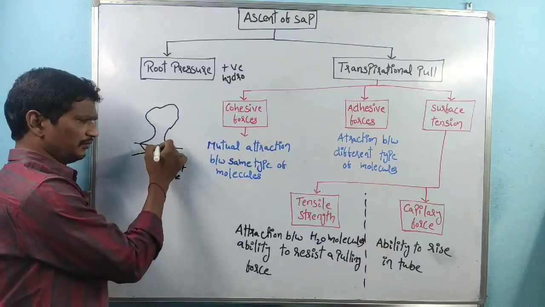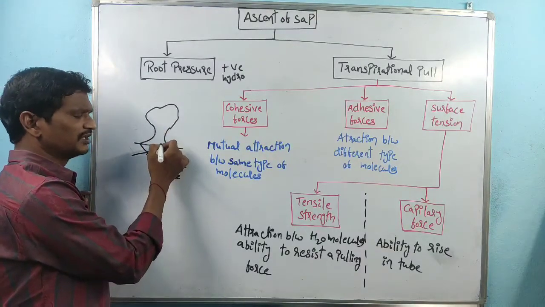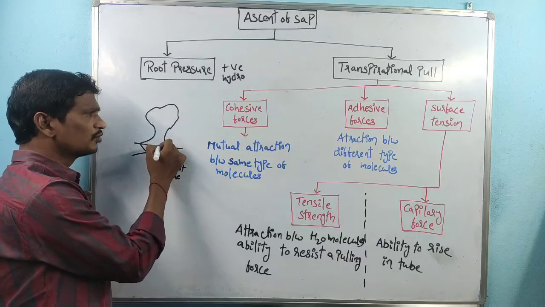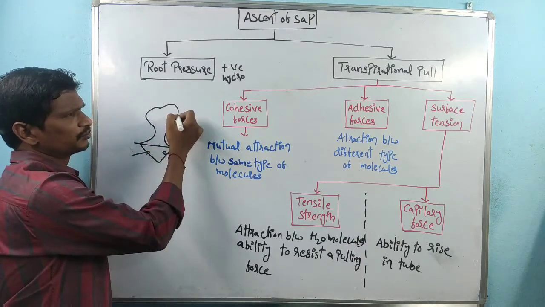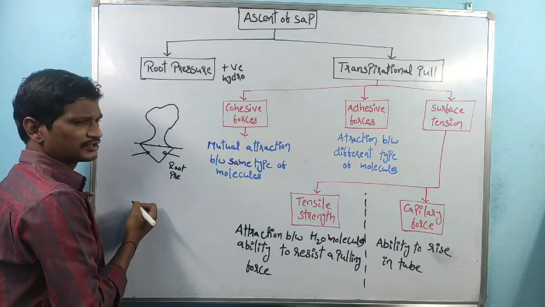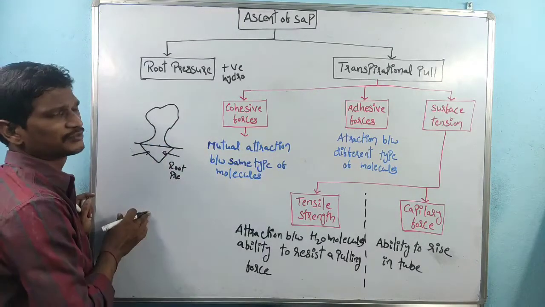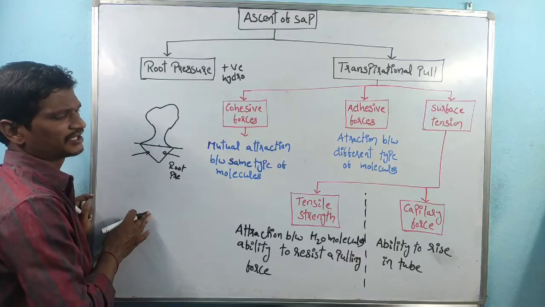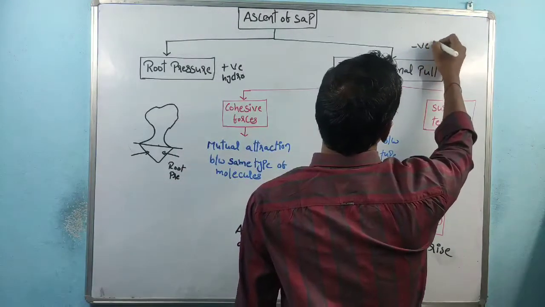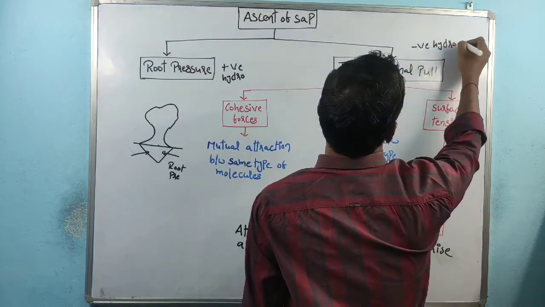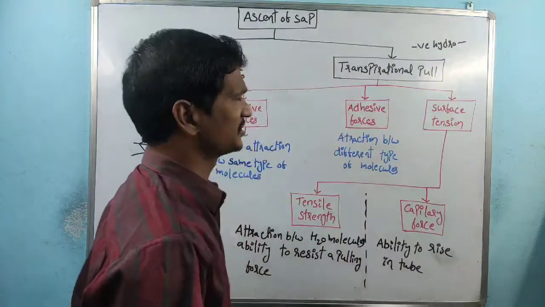After that, within the stem part, from root to tip of the shoot, the water molecules are transported by the transpirational pull mechanism. This is the negative hydrostatic pressure, right?